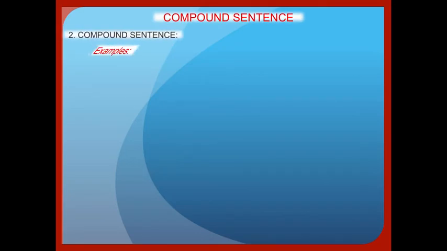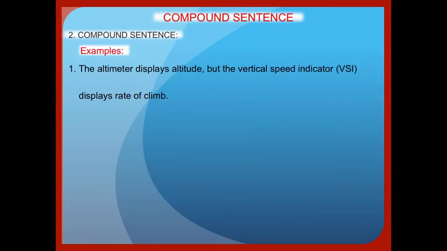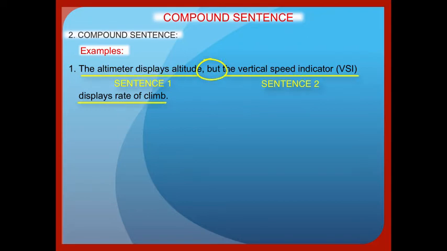For example, the sentence, the altimeter displays altitude, comma, but the vertical speed indicator, VSI, displays rate of climb, connects two independent clauses with the coordinating conjunction, but.